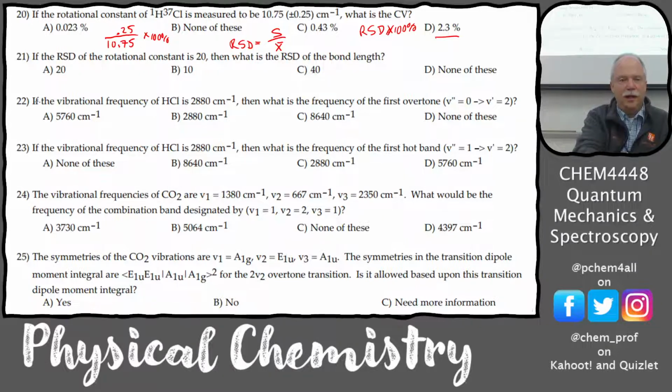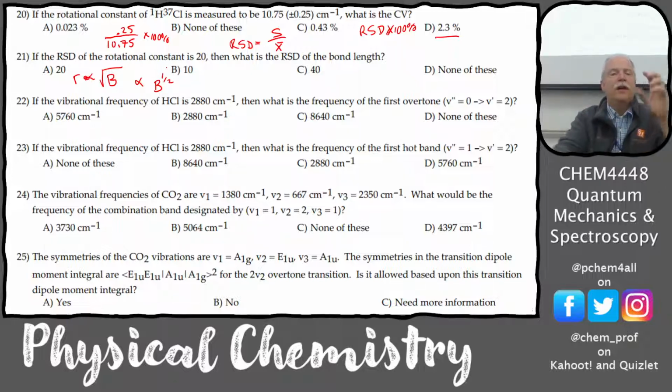So now, if the RSD of the rotational constant is 20, what's the RSD of the bond length? Okay, so this one requires some propagation of uncertainty. If you go through that lecture and look that up, you can see that the bond length is proportional to the square root of the rotational constant, so it's proportional to the rotational constant to the 1/2 power.